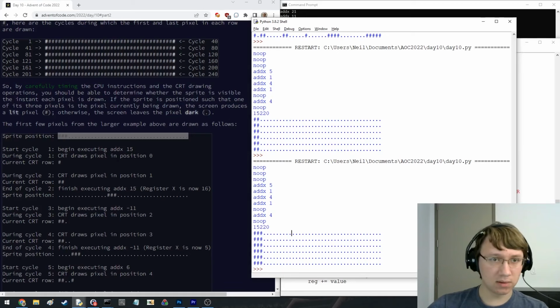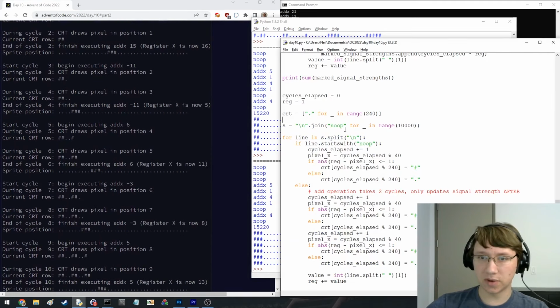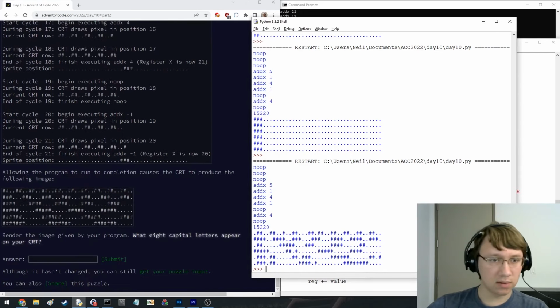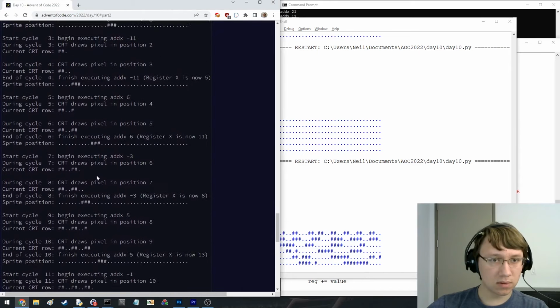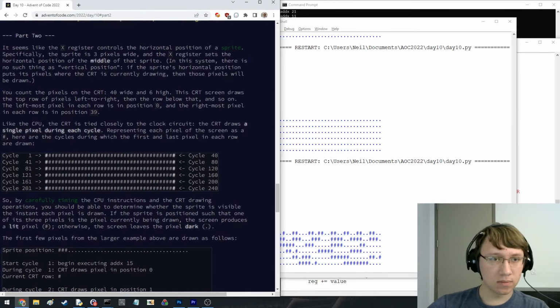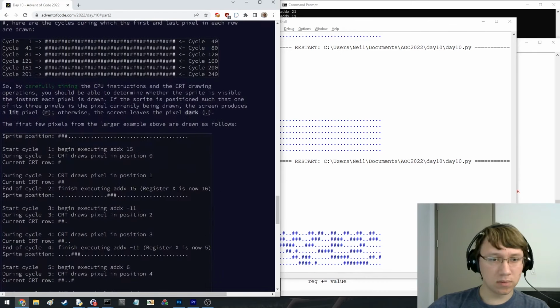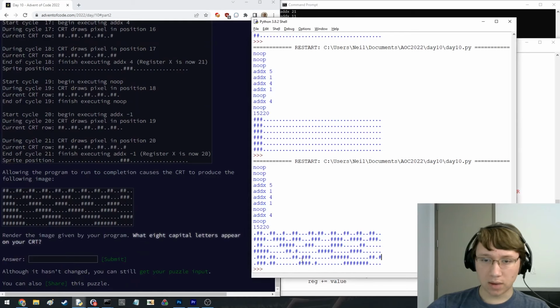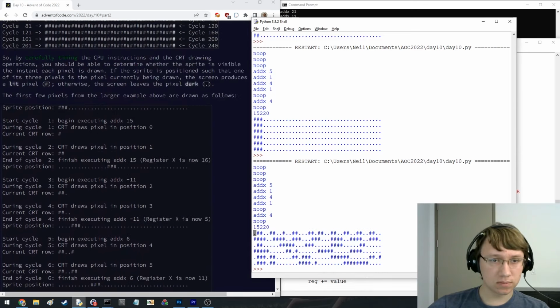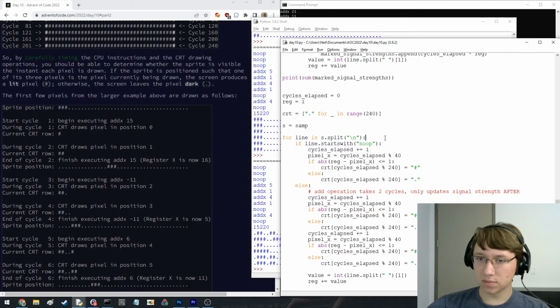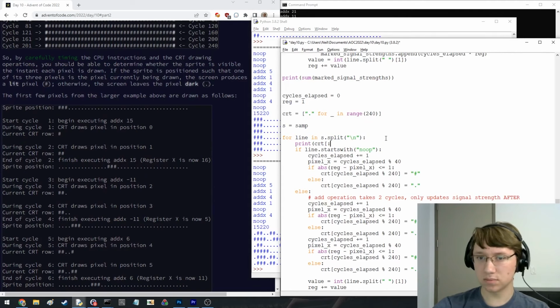That looks more right. Let's see now if the sample input produces what it... Oh, wait. Okay, well... So why is it initially not? Let's just print the first line.